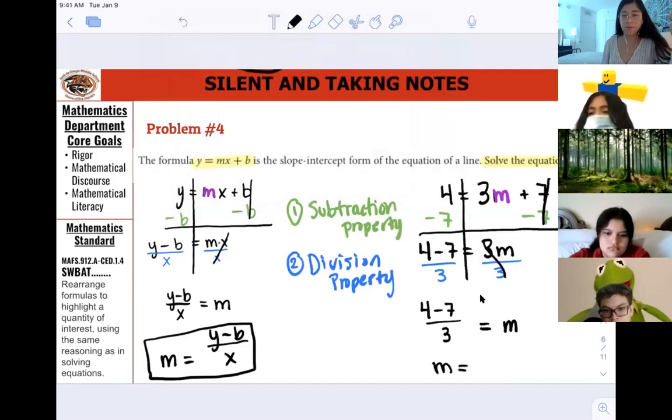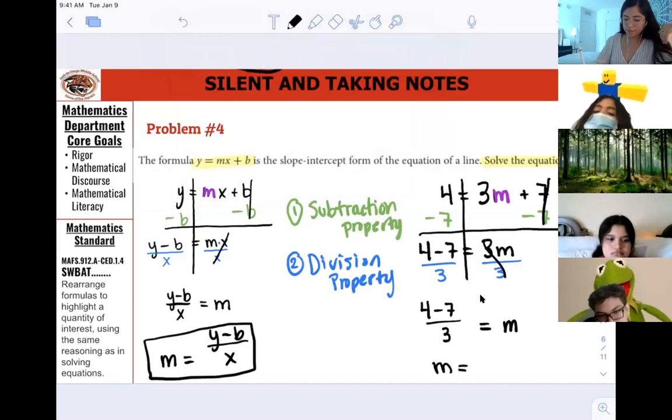So I could do what's 4 minus 7? -3. And then I've got a denominator, right? So now I have to do -3 divided by 3, which is 1. And I had a negative divided by a positive. So that's going to be negative. -1, right?